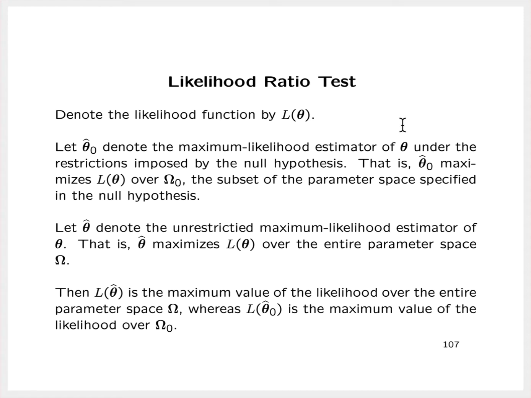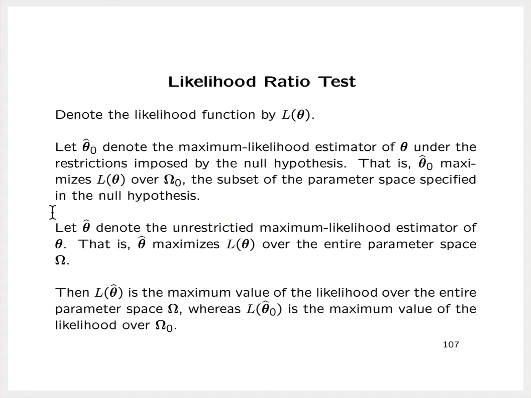In other words, this particular value of the parameter maximizes the likelihood function over that special subset of the parameter space that we have used in specifying the null hypothesis. So again, theta hat 0 is the parameter point in this restricted subset at which the likelihood function is maximized.